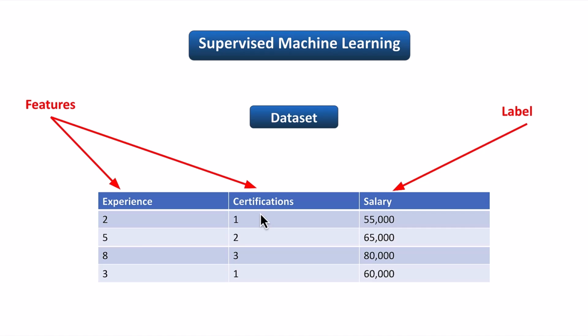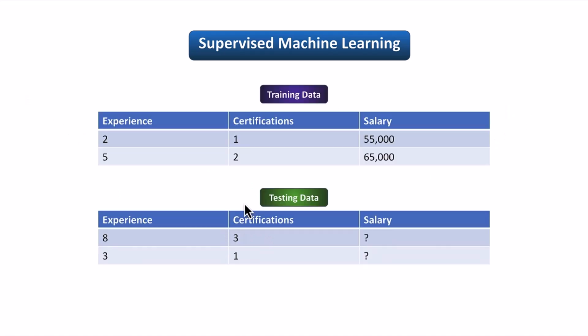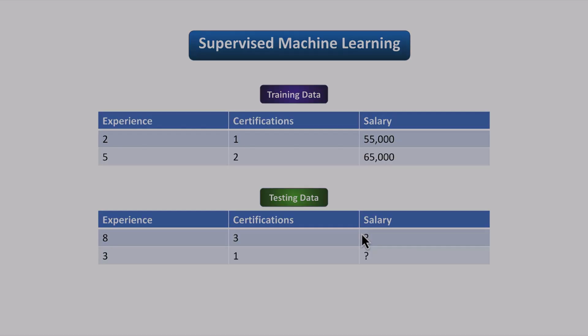So when we train our model on this dataset, firstly we divide our dataset into these two parts. On training data we train our model, and then for testing our model we use this testing data. Here we only pass the experience and certifications to the model, and our model will predict the salary of a person.